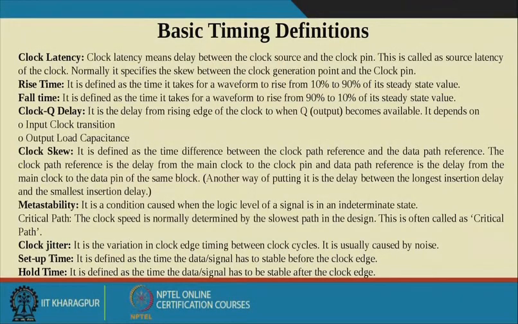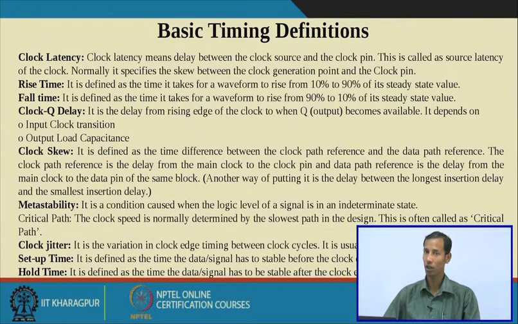The clock is connected to each of the registers, the sequential elements, so there will be a difference in these delays. The clock path reference is the delay from the clock source to the clock pin, and the data path reference is the delay from the main clock to the data pin which is connected to the clock.